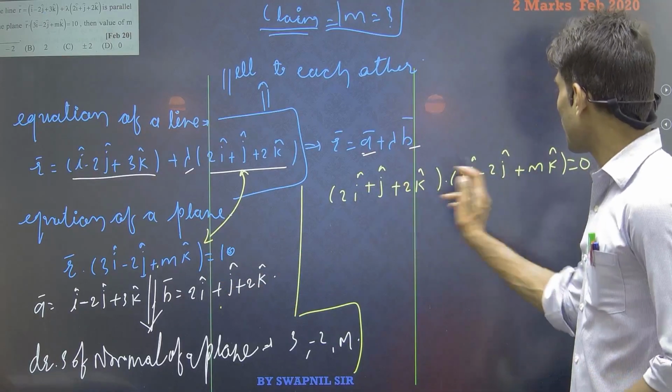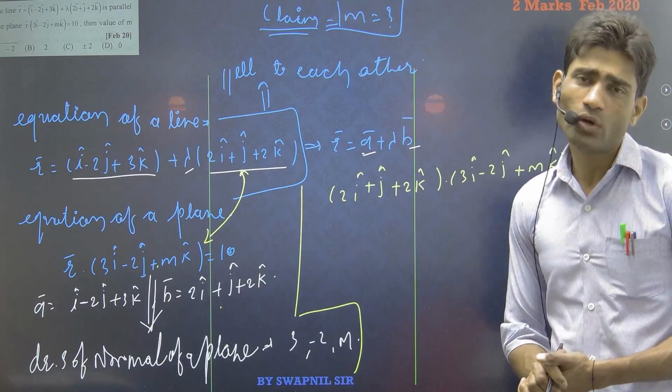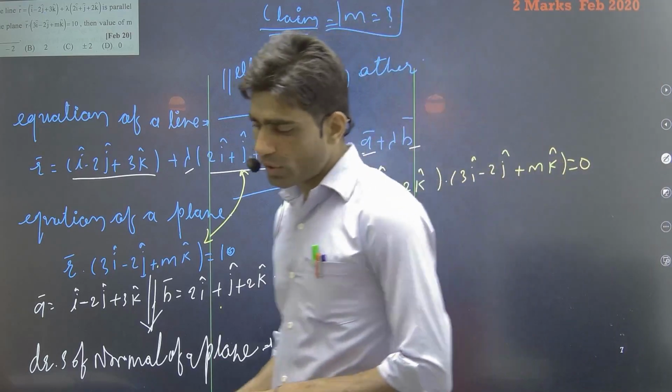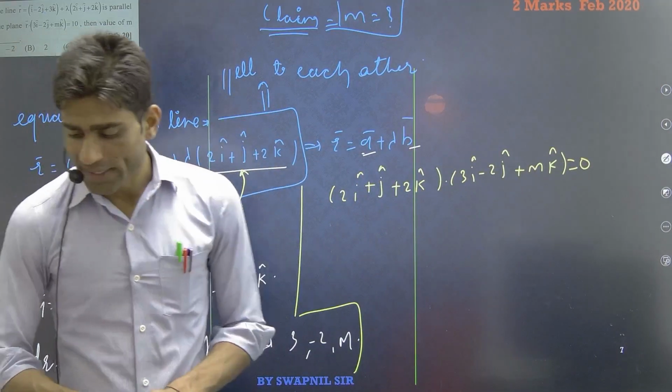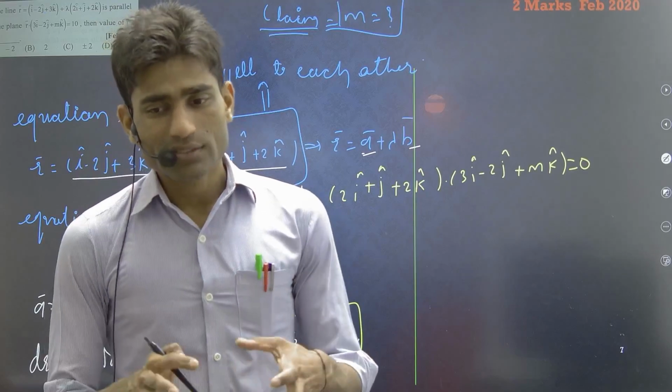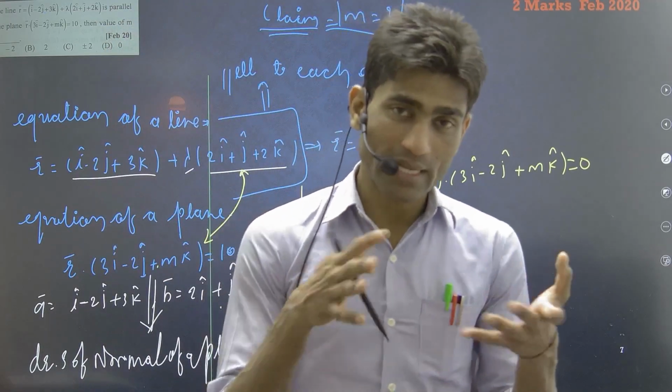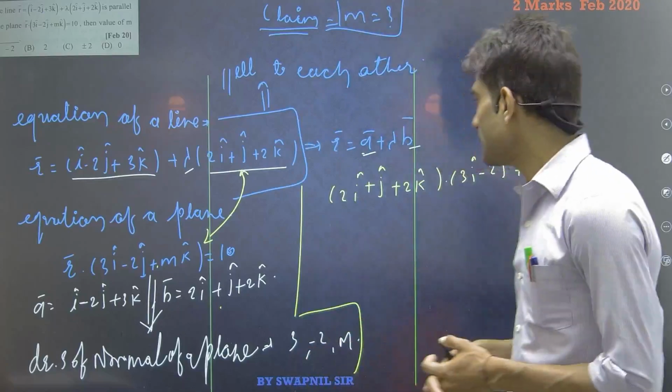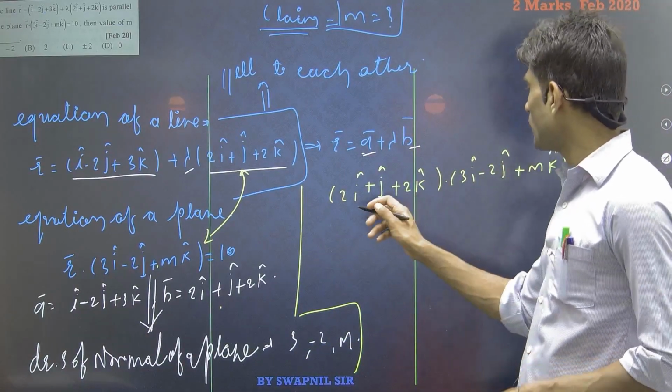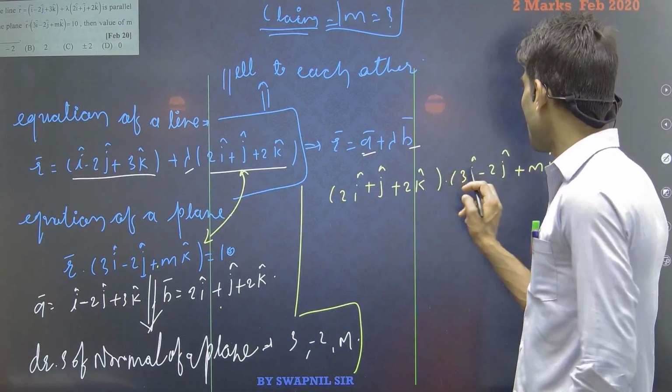Now taking the dot product between two vectors, we know that i cap into i cap is 1, i cap into j cap is 0, and j cap into k cap is 0. This is the way to find the dot product of two vectors. So 2 i cap into 3 i cap.